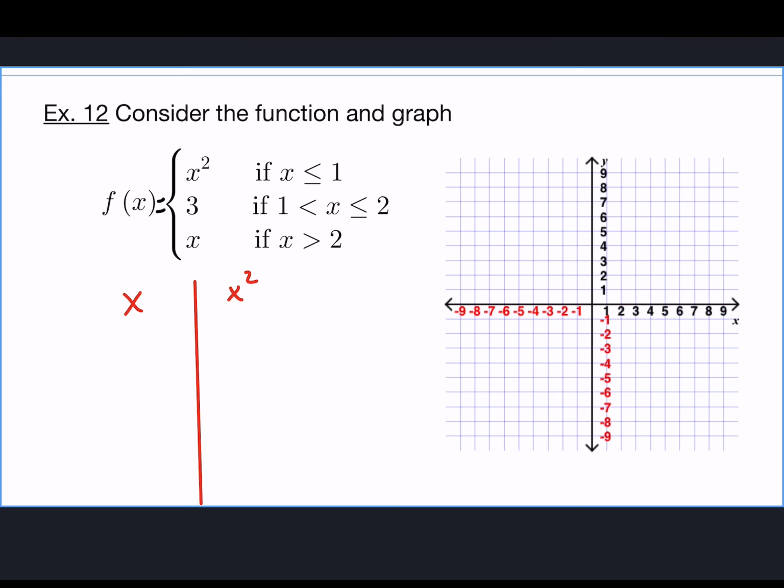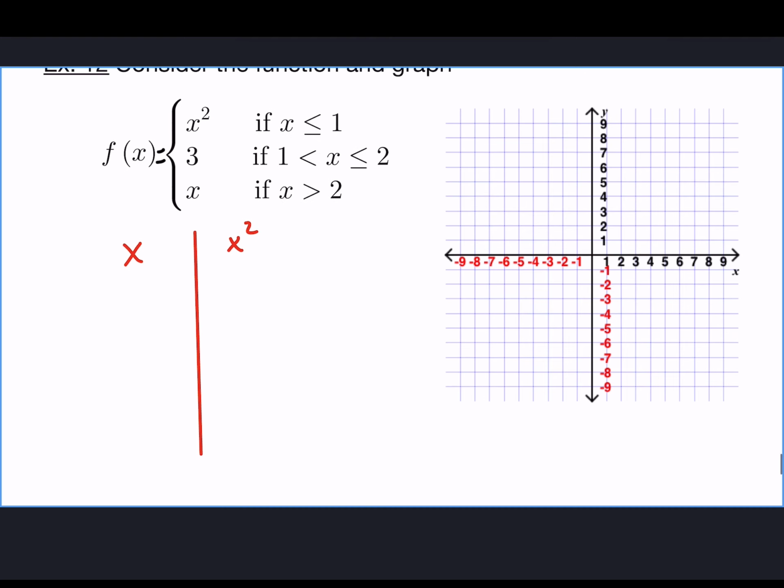We want values less than or equal to positive 1. So let's do 1, 0, negative 1, negative 2, and negative 3. Do you agree that all of those x values are less than or equal to 1?